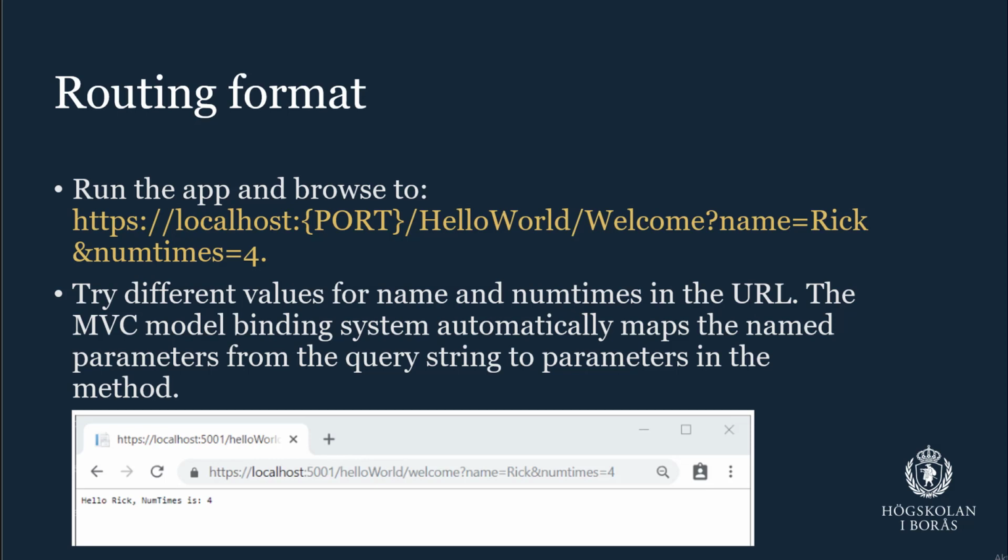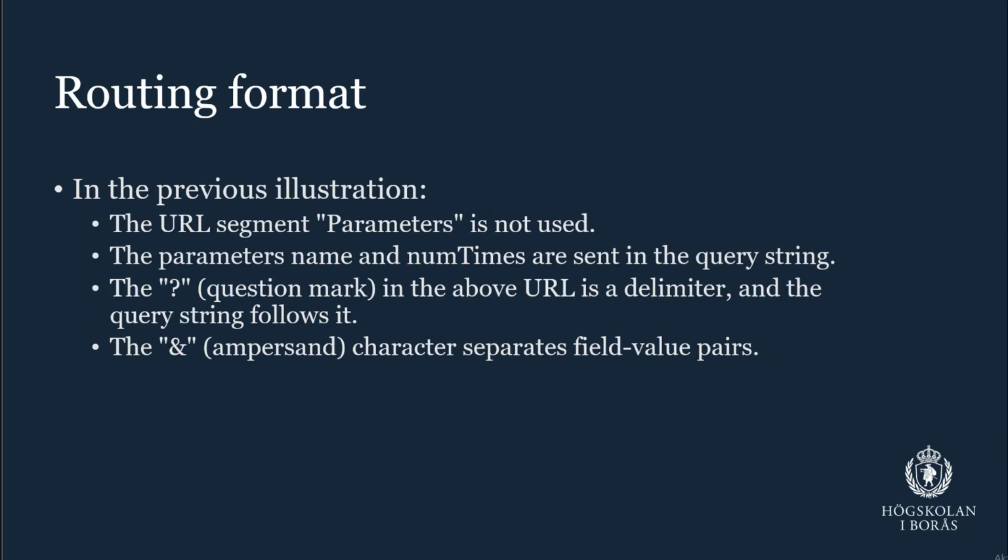The MVC model binding system automatically maps the named parameters from the query string to parameters in the method, in other words in our action method here in our controller. So in the previous illustration and in the web application, the URL segment parameter is actually not used. We are simply relying on the query string.